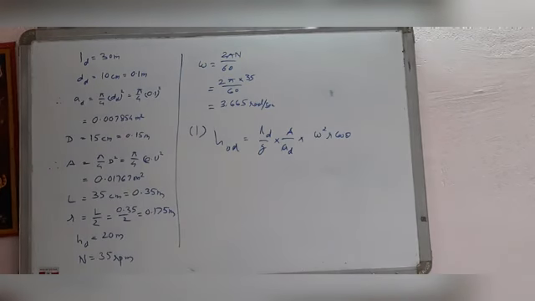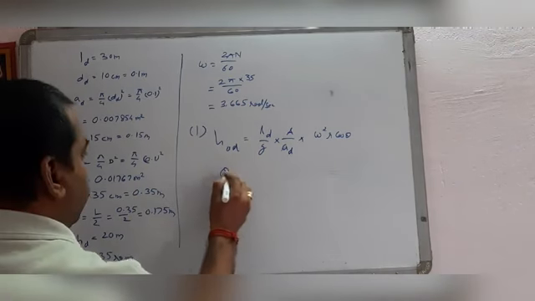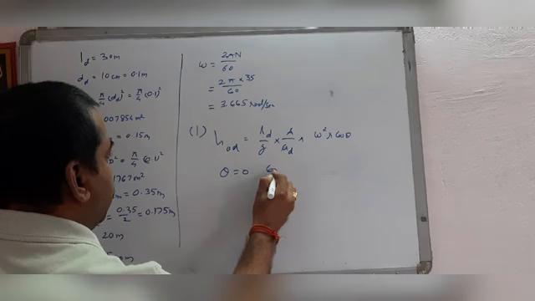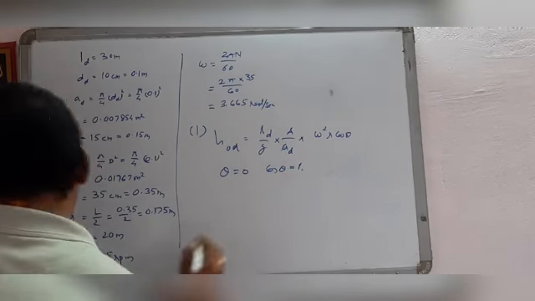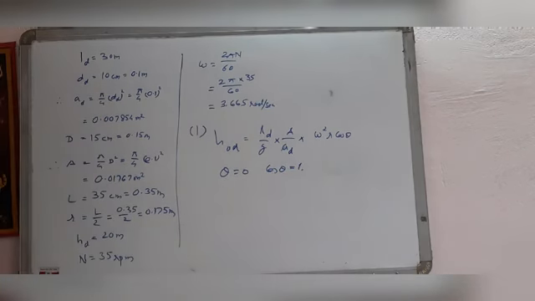Here at the beginning of the delivery stroke theta equal to 0, so cos theta equal to 1.